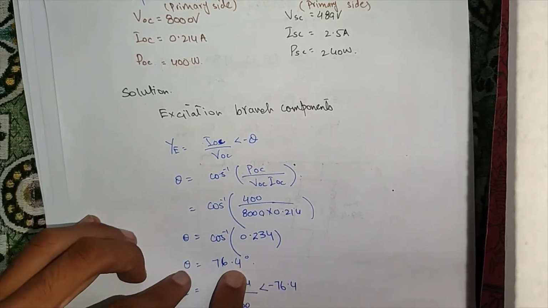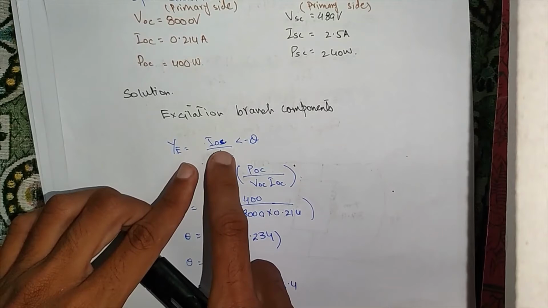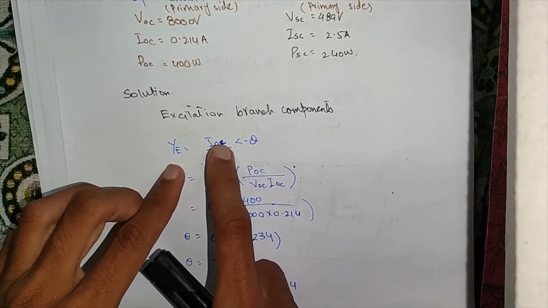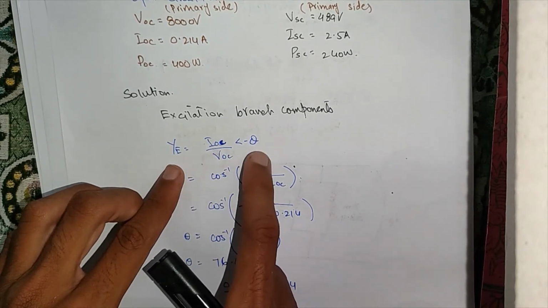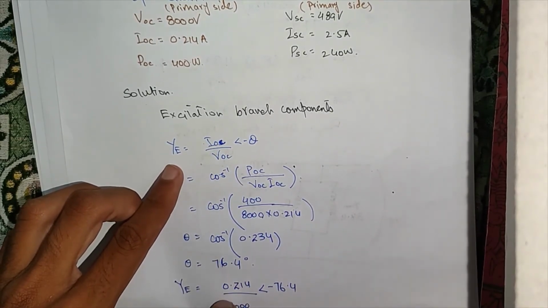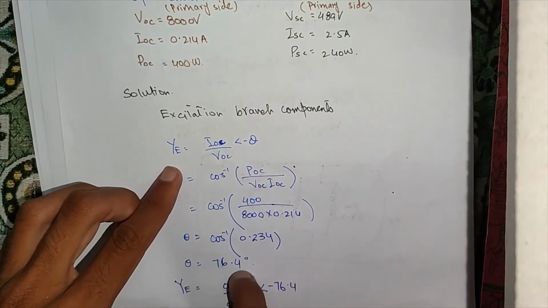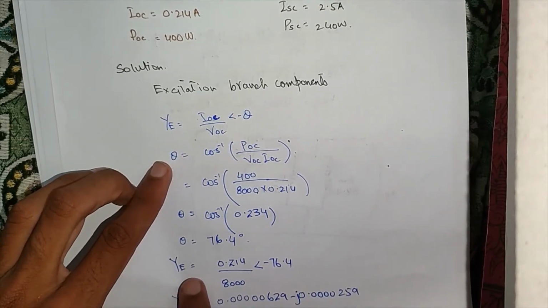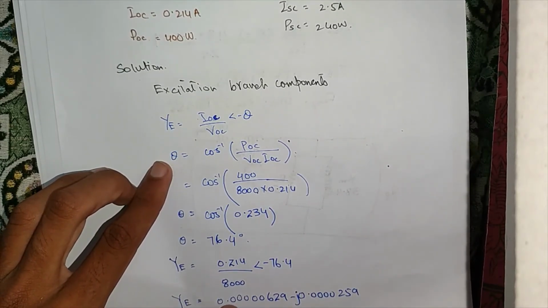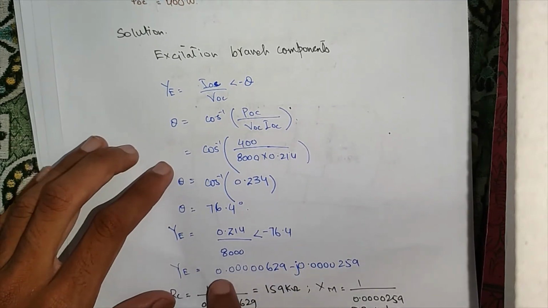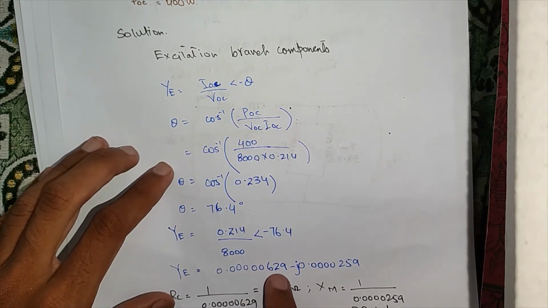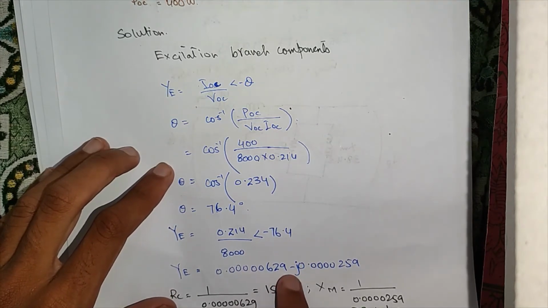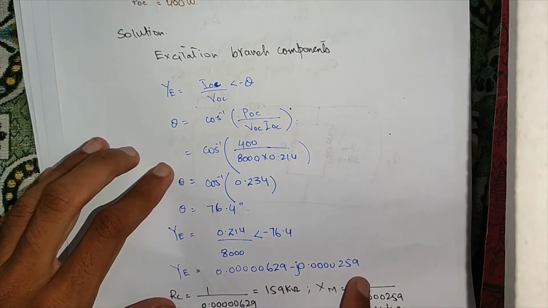Now you have computed the phase angle, you know the value of open circuit current and open circuit voltage. Just put the values over here, IOC, VOC with phase angle theta, which is 76.4 degrees. Now put the values in this formula. You will get the equivalent admittance branch element, which is conductance and susceptance, equal to 0.0000629 minus j 0.000259.